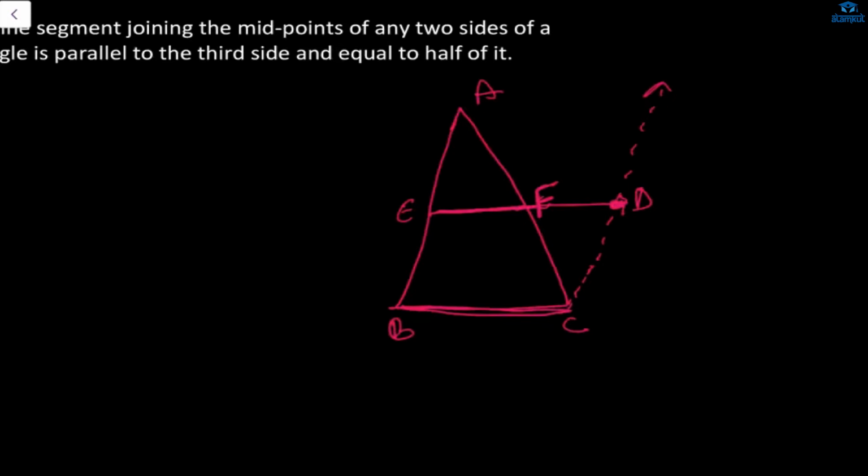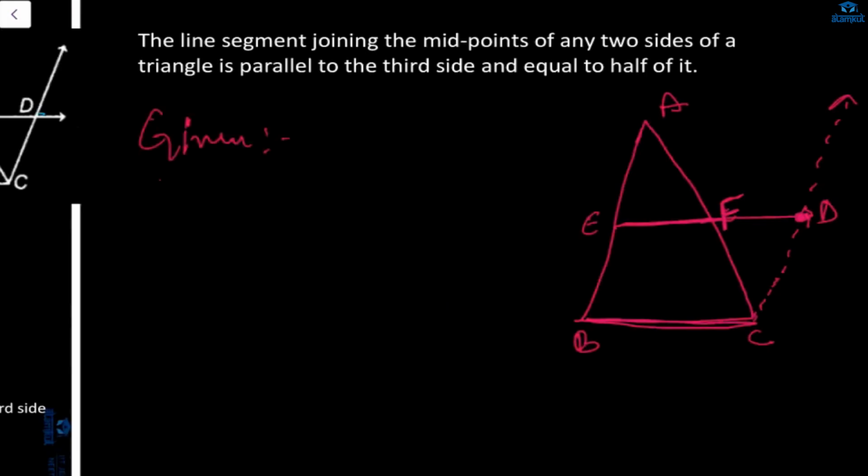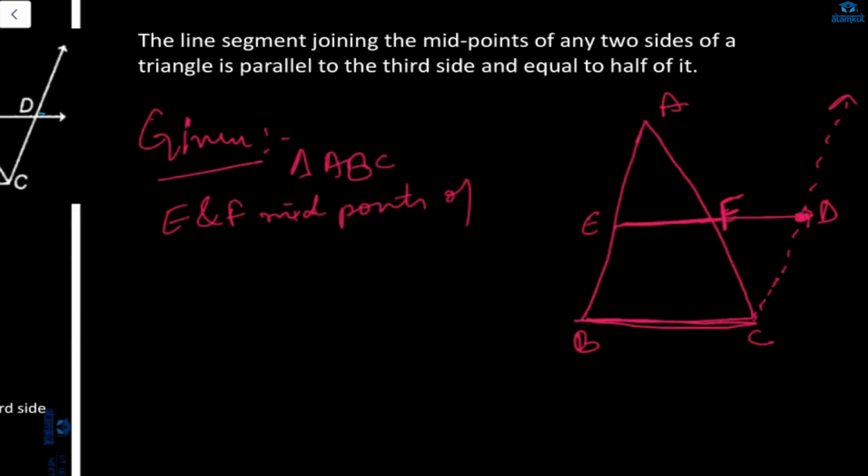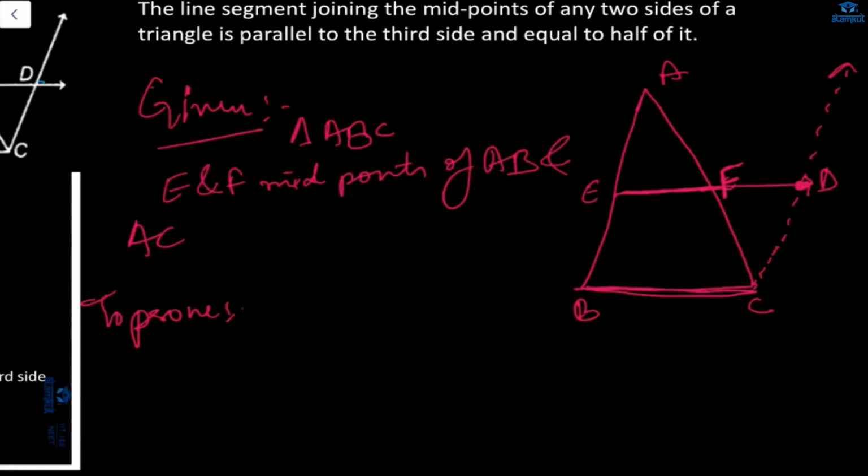Now let us write what is given. We are given a triangle ABC in which E and F are the midpoints of AB and AC. What we have to prove is that EF is parallel to BC and EF is half of BC.